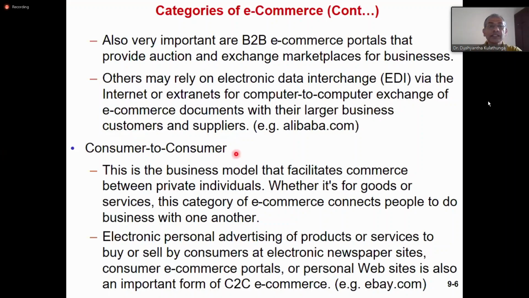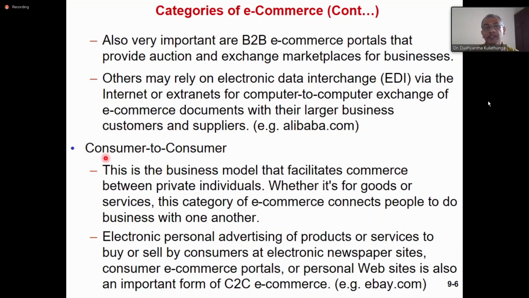Then we are moving to the third category, that is consumer to consumer electronic commerce. Here, the transactions take place between two consumers. The buyer is a consumer and the seller is also a consumer.